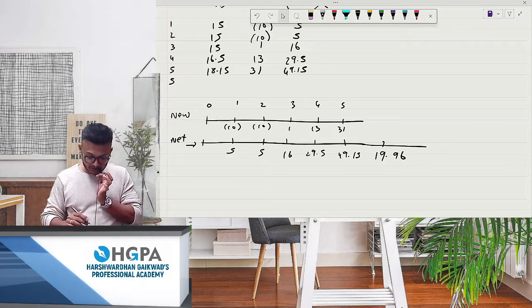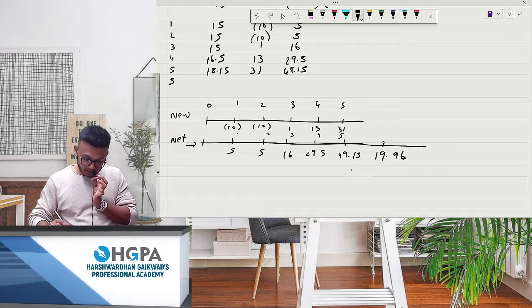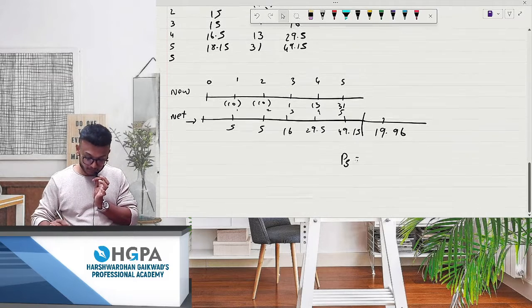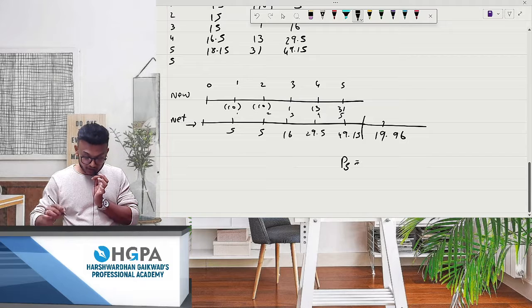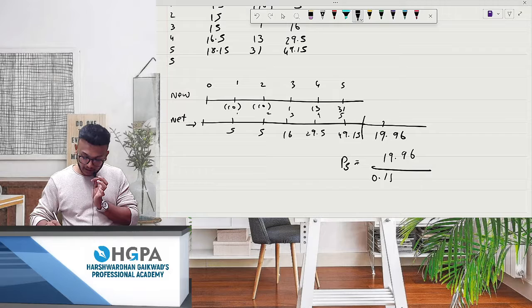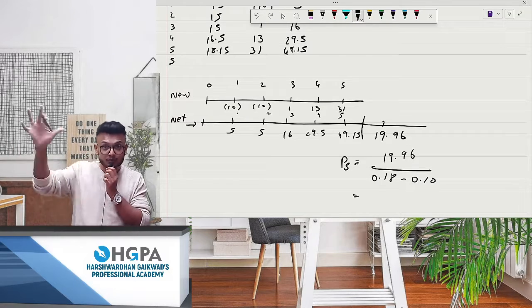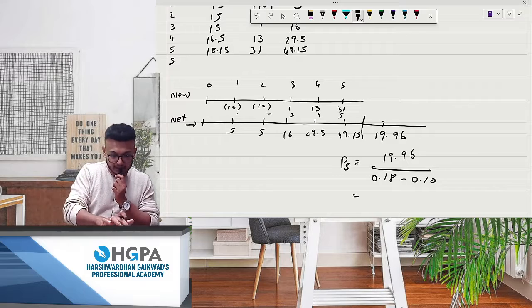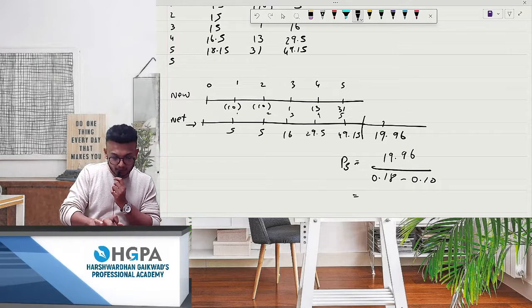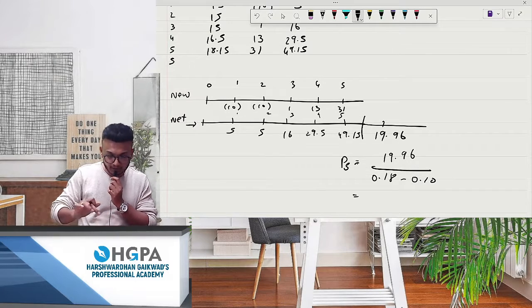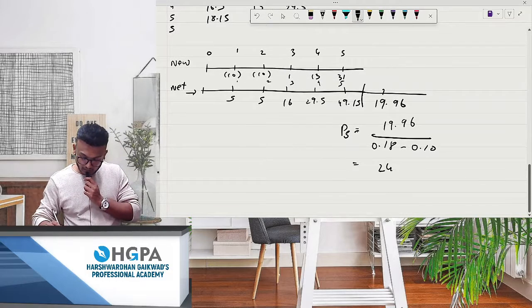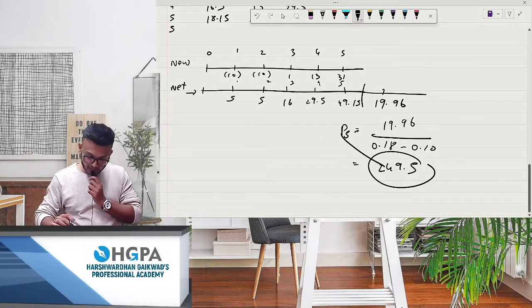So this is first, second, third, fourth, fifth. I'll compute the price at the year. Now remember one thing, what I'm doing now. Dividend, that is 19.96 upon 0.18 minus 0.10. That is perpetuity. We have to stop it somewhere. That is why compute the price: 19.96 divided by 0.08. This is 249.5. This is discounting over here.